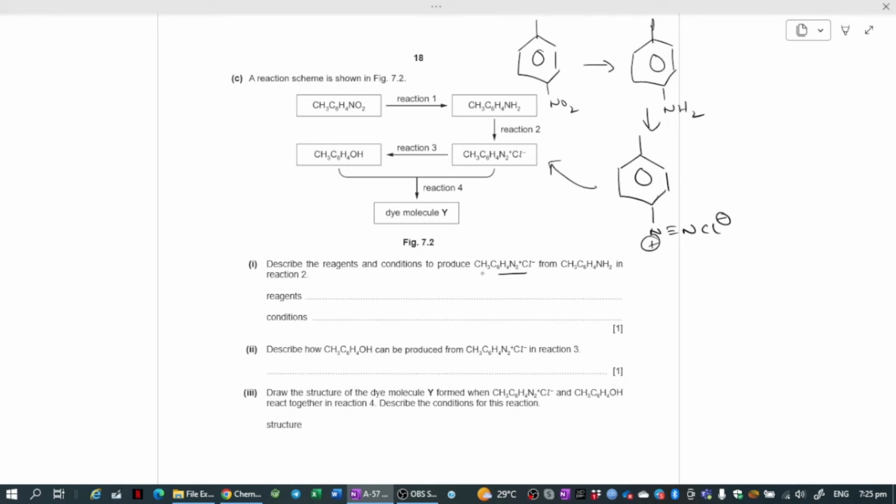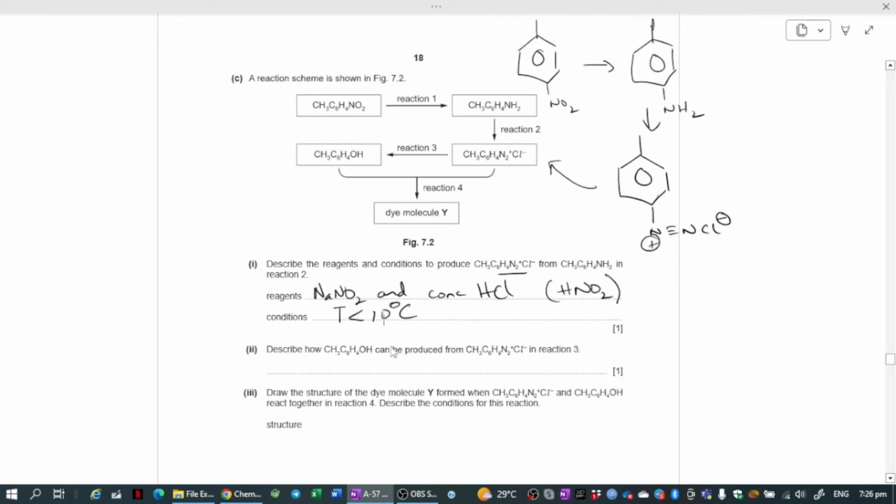So what are the reagents for this conversion? It is sodium nitrite and concentrated HCl, and this generates the species HNO2, which actually carries out the reaction. And the condition is temperature less than 10 degrees C. Anything above this and this reaction could actually become explosive.